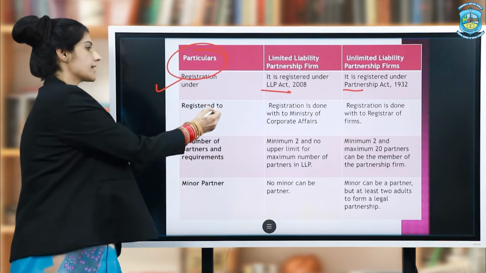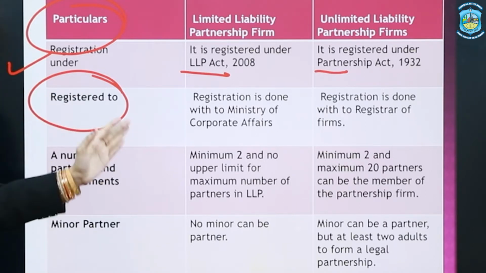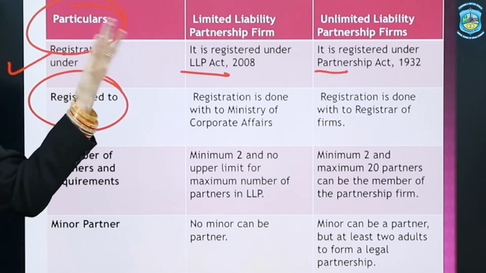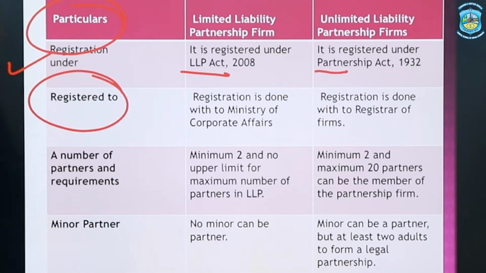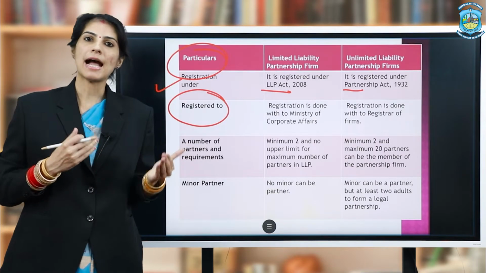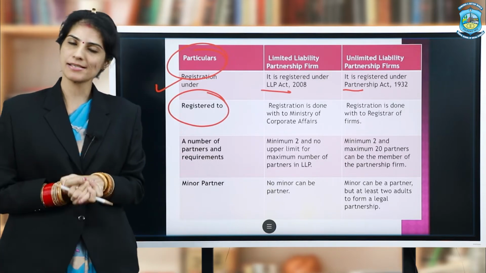The second basis is registered to. Always remember that the Limited Liability Partnership is registered to the Ministry of Corporate Affairs. And the unlimited liability partnership is registered with the registrar of the firm. Now, the third basis is the minimum and the maximum number of partners in both the partnership styles.